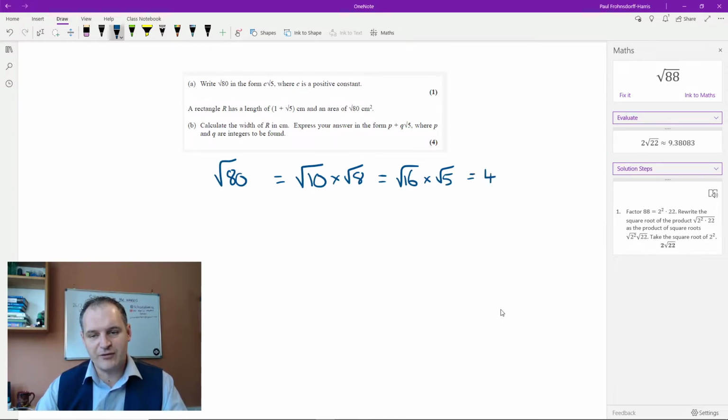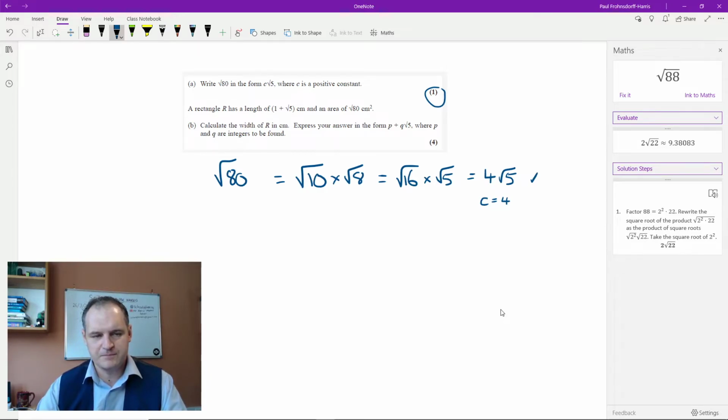This means I can rewrite it as 4 root 5. But the question says write it in the form c root 5. So this would get you full marks, but I would normally say at the end, so c equals 4 as well, just to demonstrate your full understanding of the question.